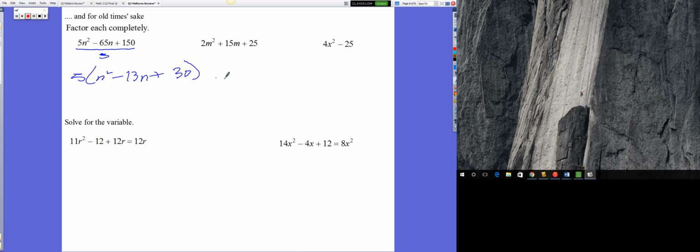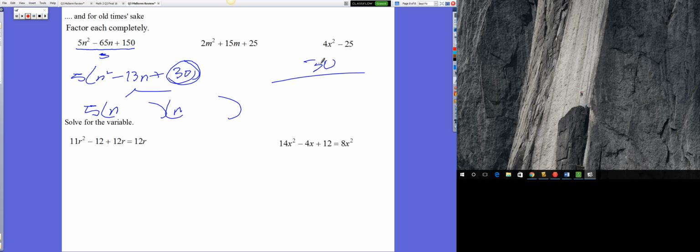Okay, now let's break this down. So 5, how they times to get n squared is n and n. And we're looking for something that times and gives you 30, but adds and gives you 13.